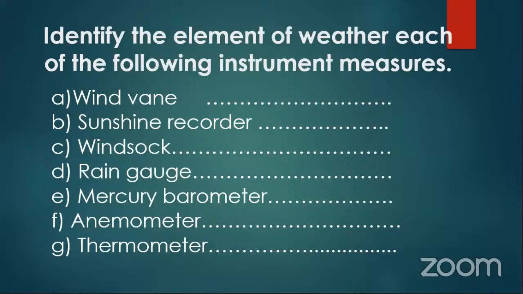For example, we have a wind vane. Are we together, members? Yes. So who can tell me how a wind vane is used to measure the direction of wind? By show of hands, who can describe for us how a wind vane is used to measure the direction of wind?